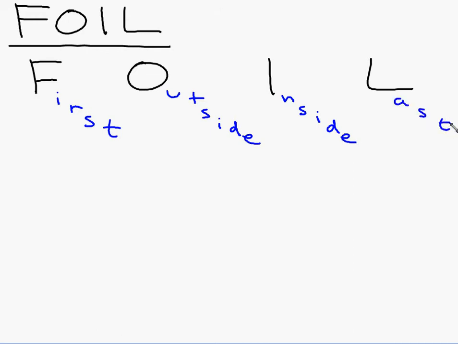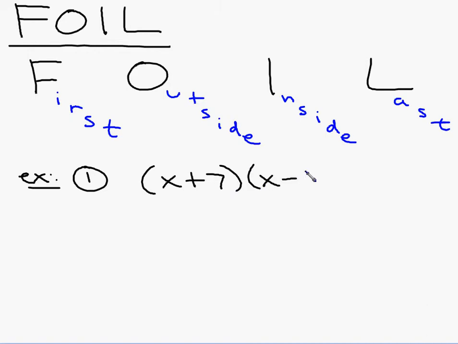This is a very important skill to come out of this class with, and it's a way for multiplying two binomials. What are we talking about? If I have, for example, a problem where I'm asked to multiply x plus 7 times x minus 4.